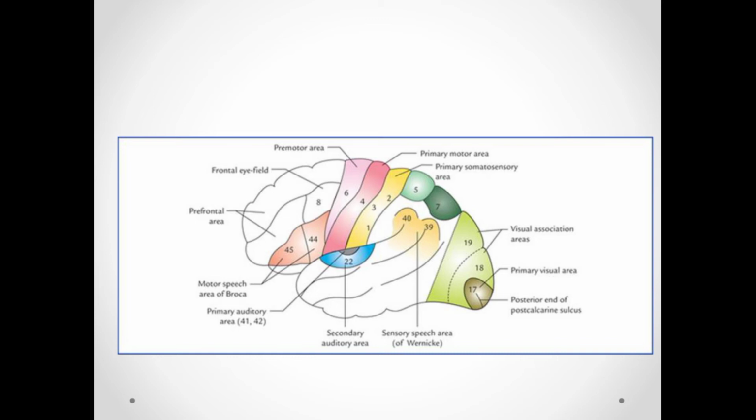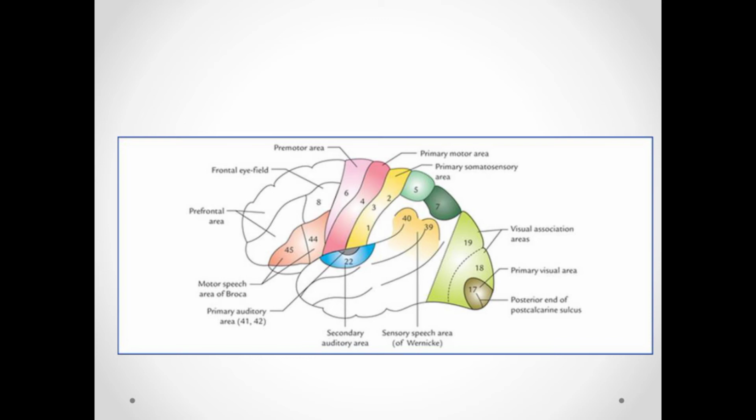Next is the Wernicke speech area. You can see here it lies in the superior temporal gyrus, so it is numbered as 22. That is called the Wernicke speech area.